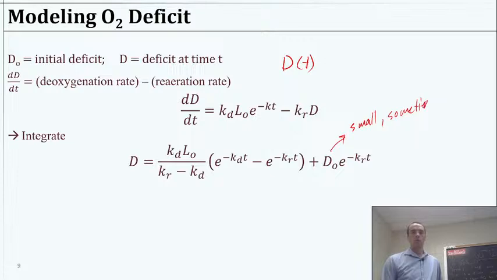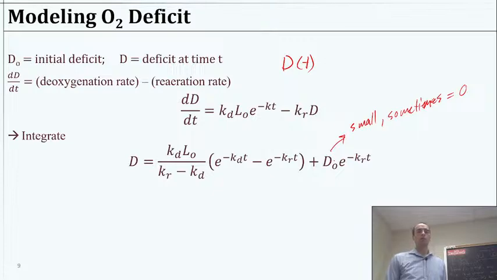We probably know something about kd just given how fast microbes consume stuff, which we talked about in previous sections. And we probably know L naught because we've done some sort of measurement, so we can estimate it given a BOD measurement. And so with that, we have everything we probably need.